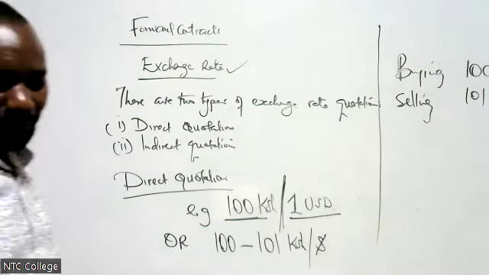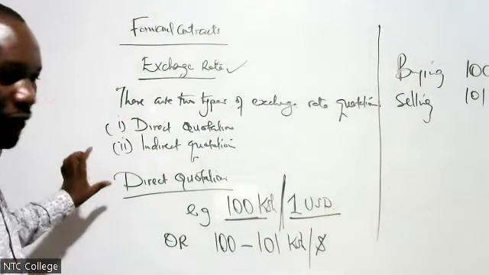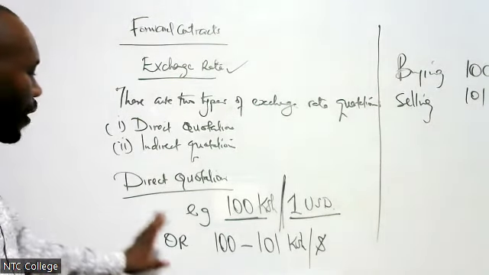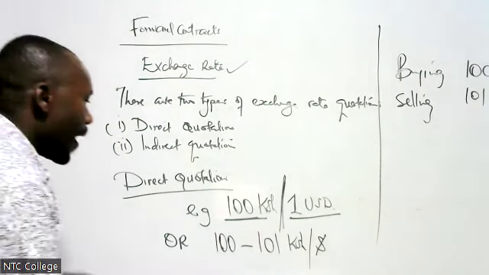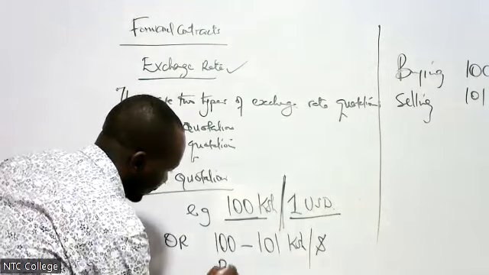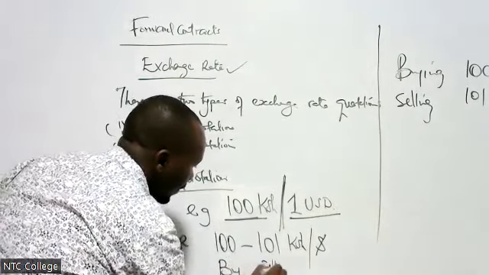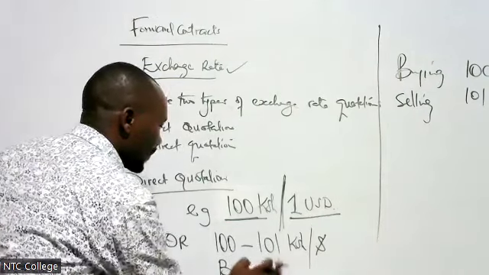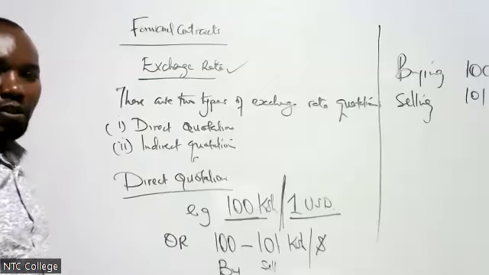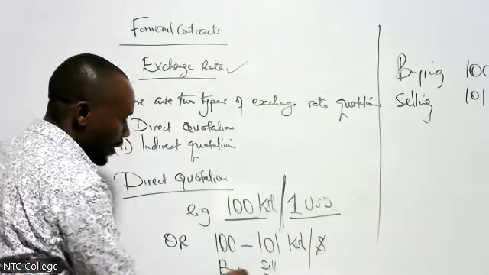What does that mean? For direct quotation, the one that starts on this side is normally the buying, and this other side is selling. Buy and sell.